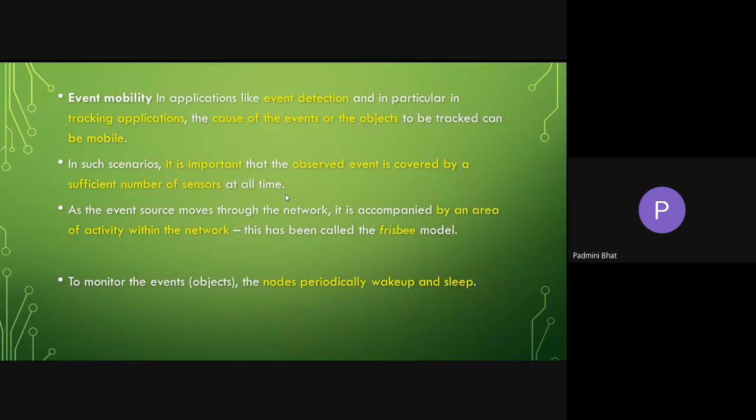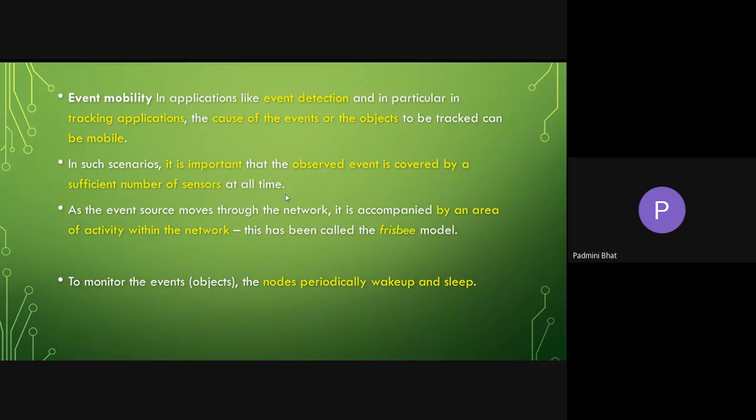Next is event mobility. In applications like event detection, an event can be any object. As I said, you have put a sensor on an animal, and that animal is moving. Now you are tracking that movement, so this is event mobility: the event itself is moving, and you are tracking it. The events or the objects to be tracked can be mobile.